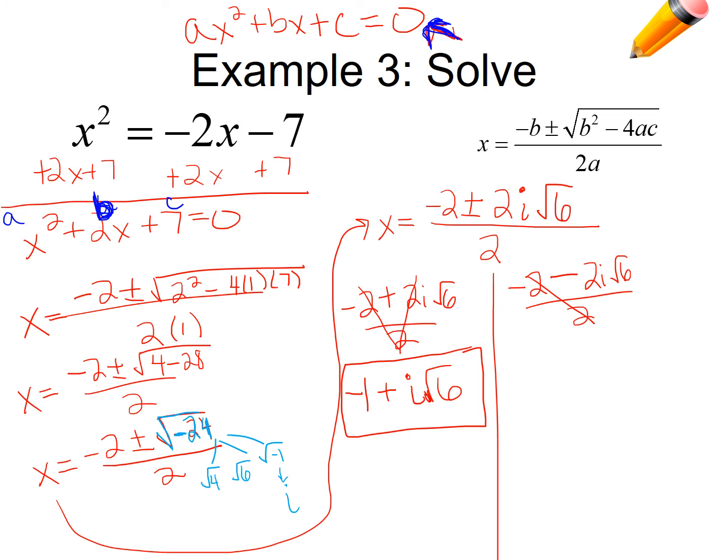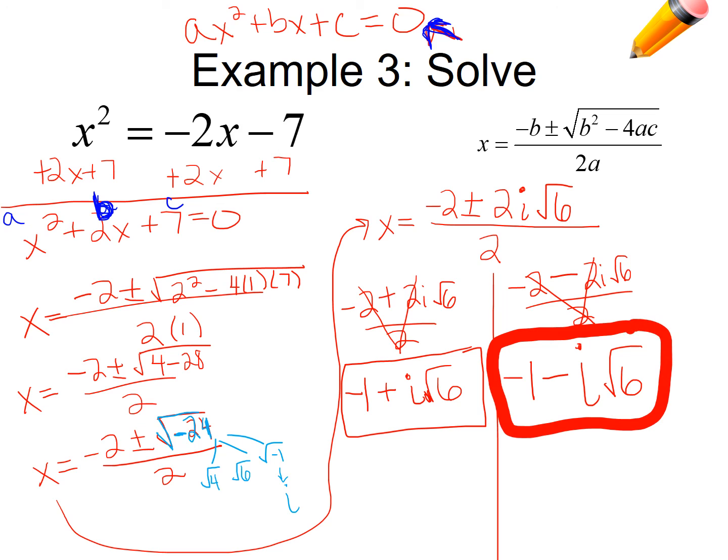So this cancels to 1, so we get negative 1 minus, 2's cancel, i times the square root of 6. And that is my other solution. So my two solutions are negative 1 plus i times the square root of 6 and negative 1 minus i times the square root of 6.